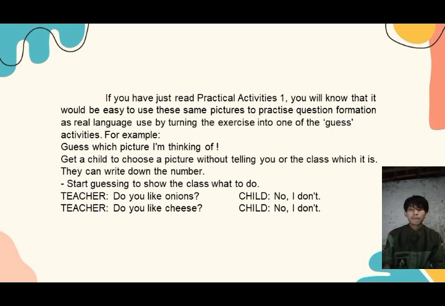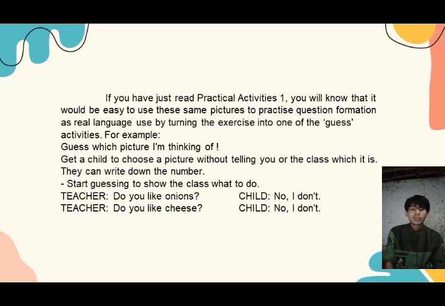So you make your student choose the picture without telling you what the picture is, and then you as the teacher quiz the picture and tell the class what to do.